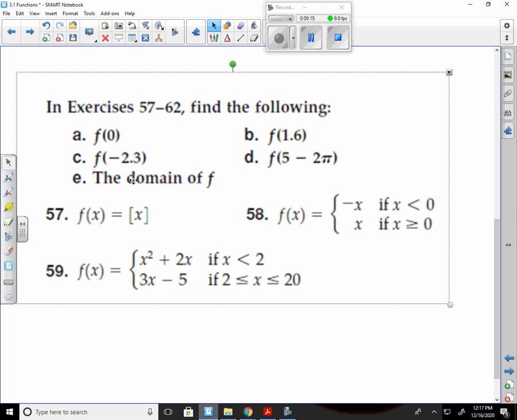So if I plug 0 into this function, zero is a whole number. So my answer would be 0. If I plug in 1.6 to this function, then what's the biggest whole number that's smaller than 1.6?